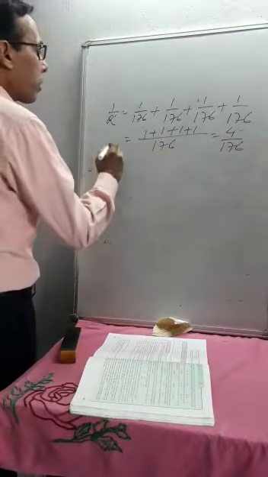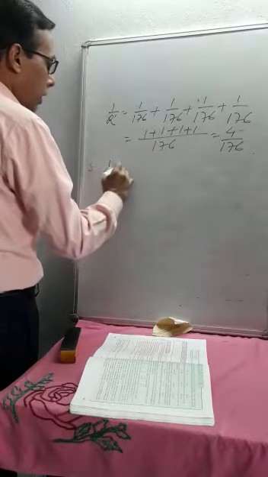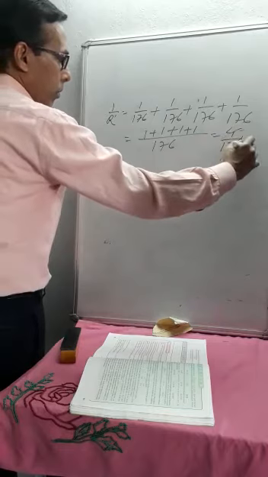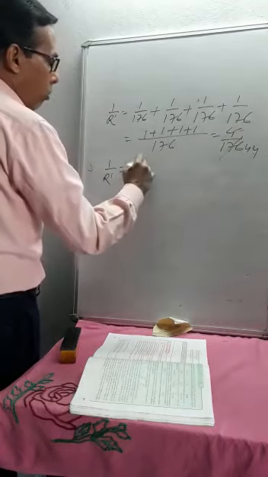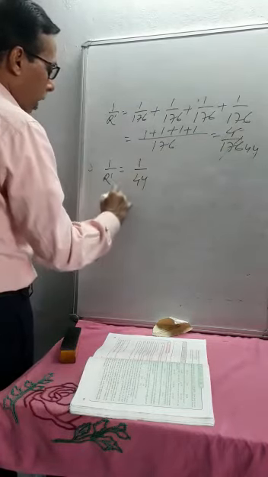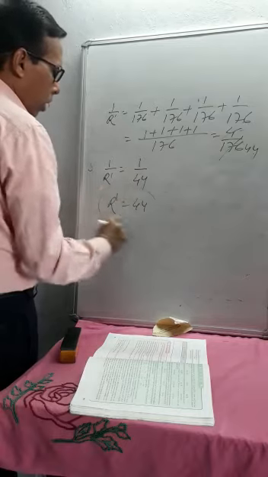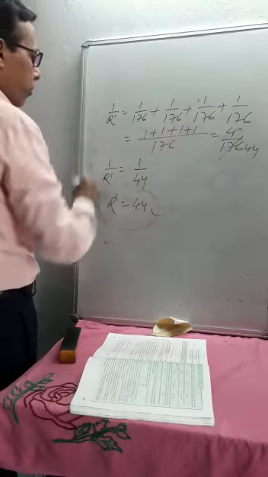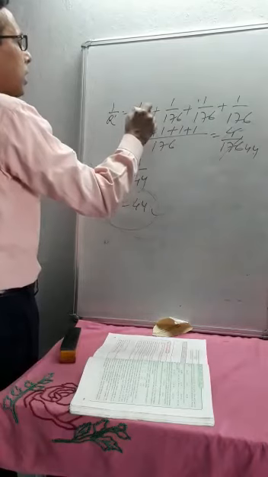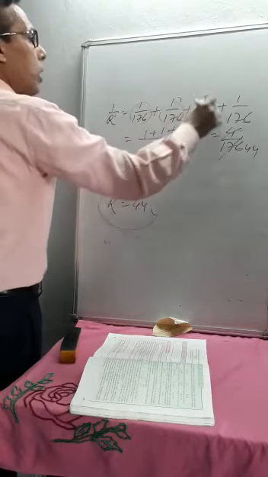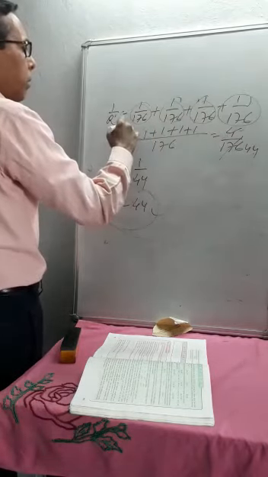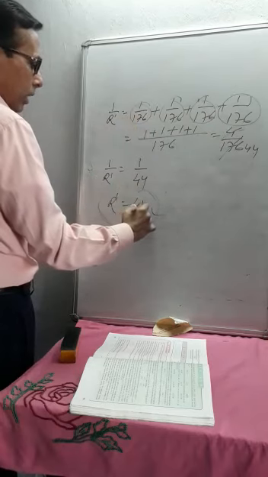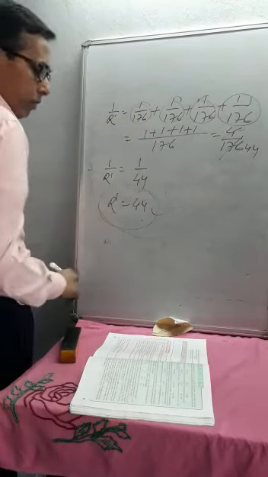So 1 by R dash is equal to 1 by 44. So R dash is equal to 44. To verify this, we can also get the result: 1, 2, 3, 4 resistors combined in parallel give the equivalent resistance 44 ohm. Thank you.